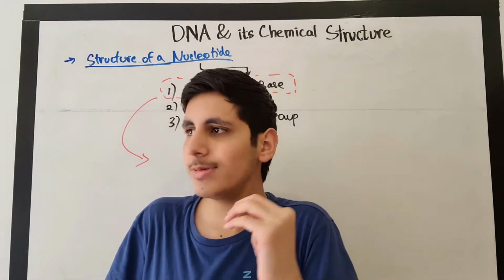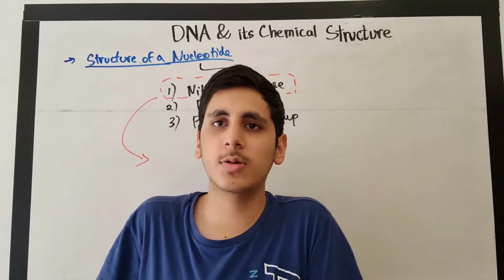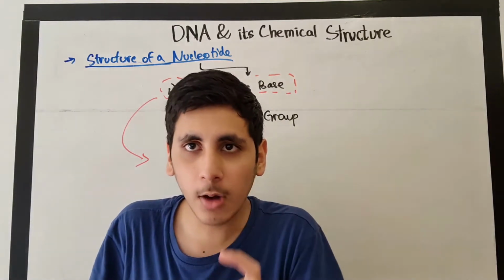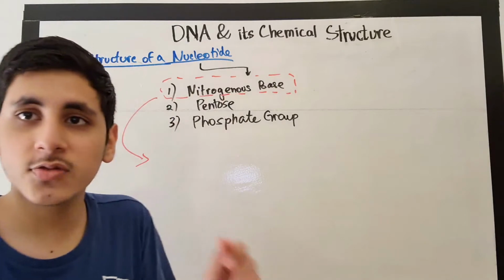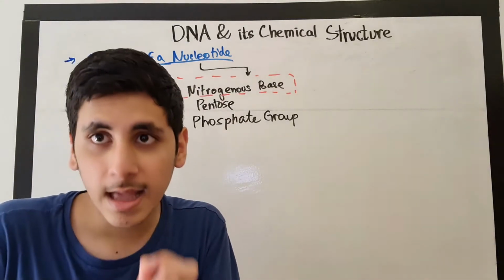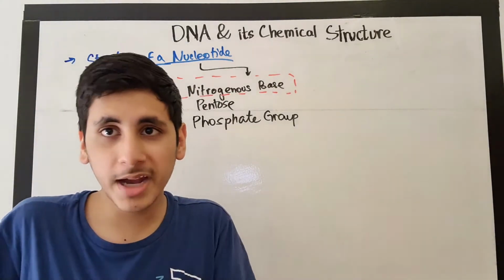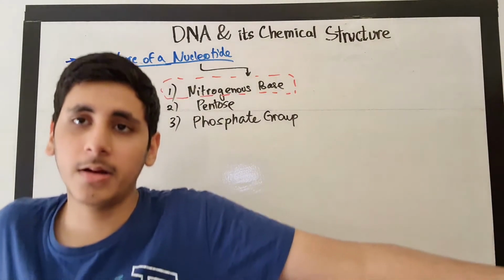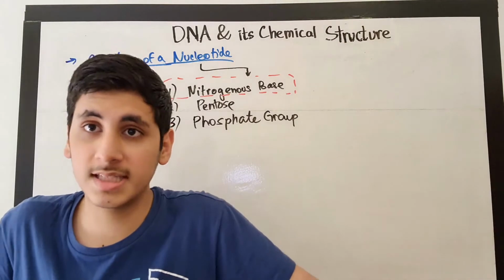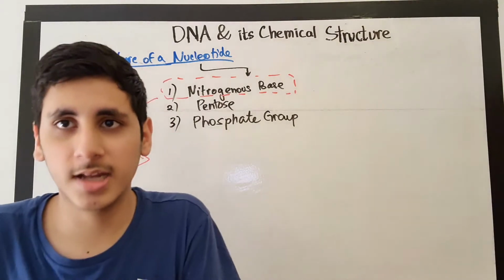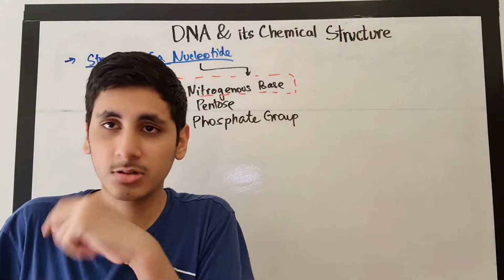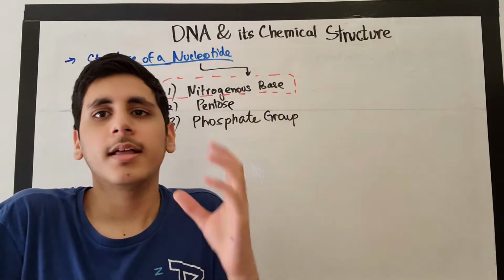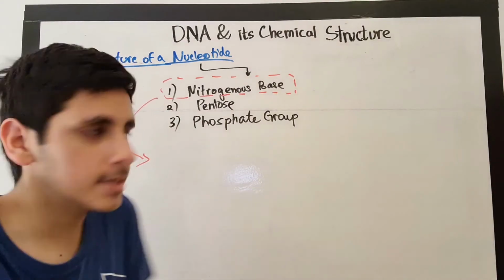When we ask what the genetic sequence of an organism is, we're talking about the combination of these 4 nitrogenous bases, how they combine to form a long sequence, and that is what we refer to as a genetic code. So that's what we mean when someone asks what a genetic sequence is.